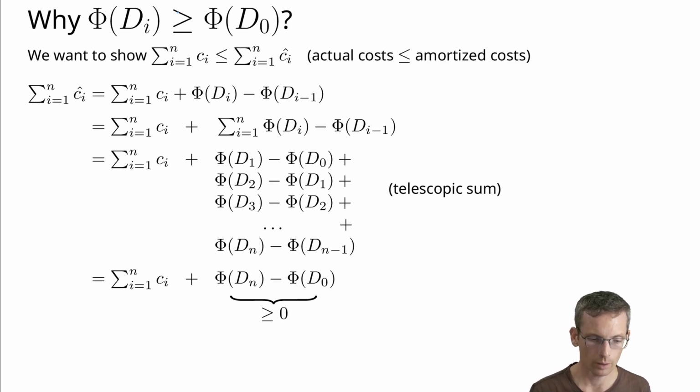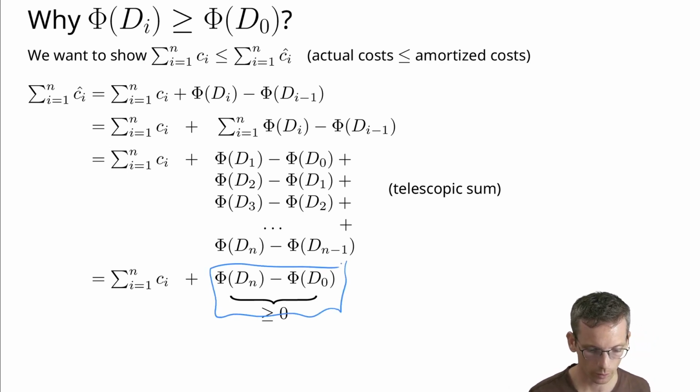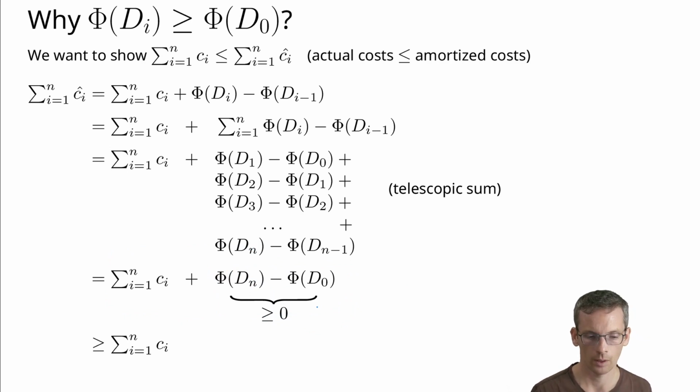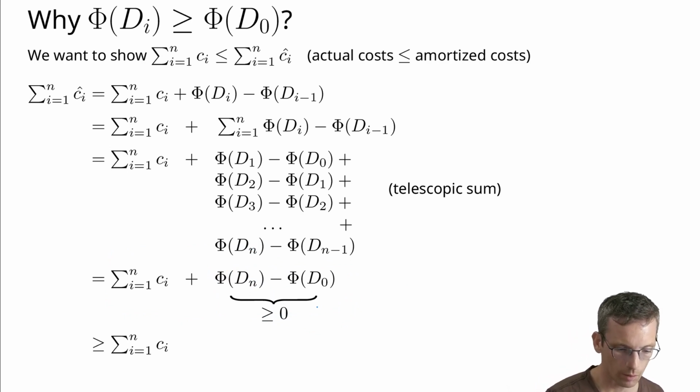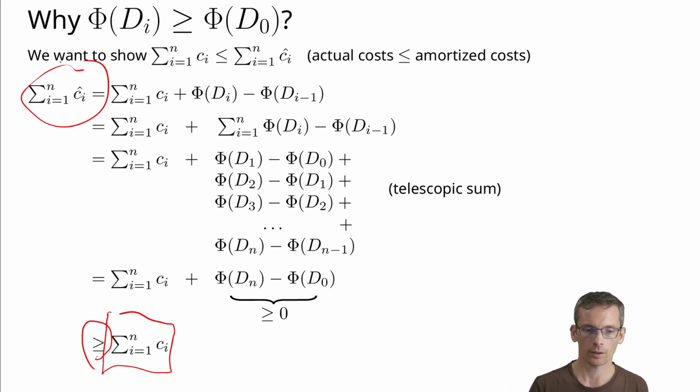And therefore, if this is a non-negative term, all of this together is larger or equal to what I get if I simply drop this term. And if you look at what we have now proved, the actual costs are smaller or equal to the amortized cost. So we only need this condition and then calculate the amortized cost, and then we are done.